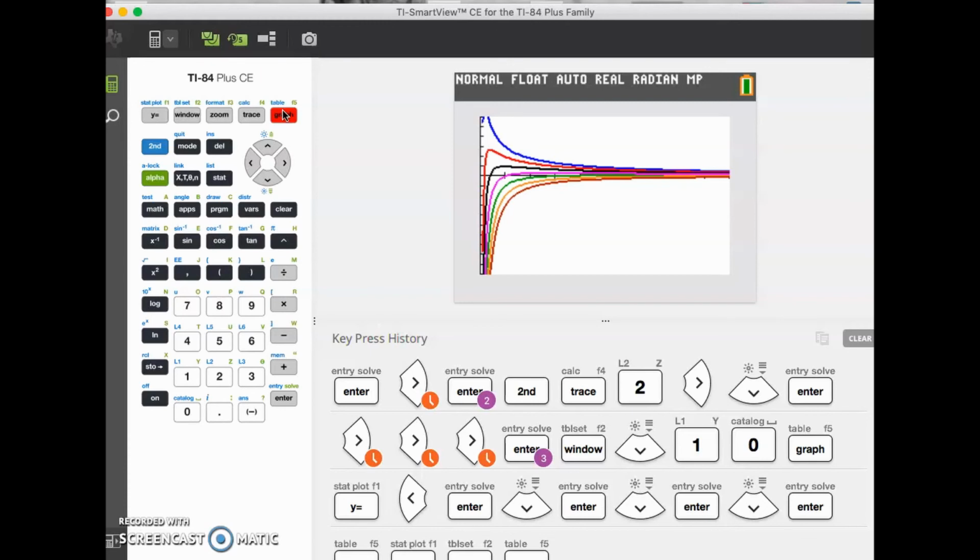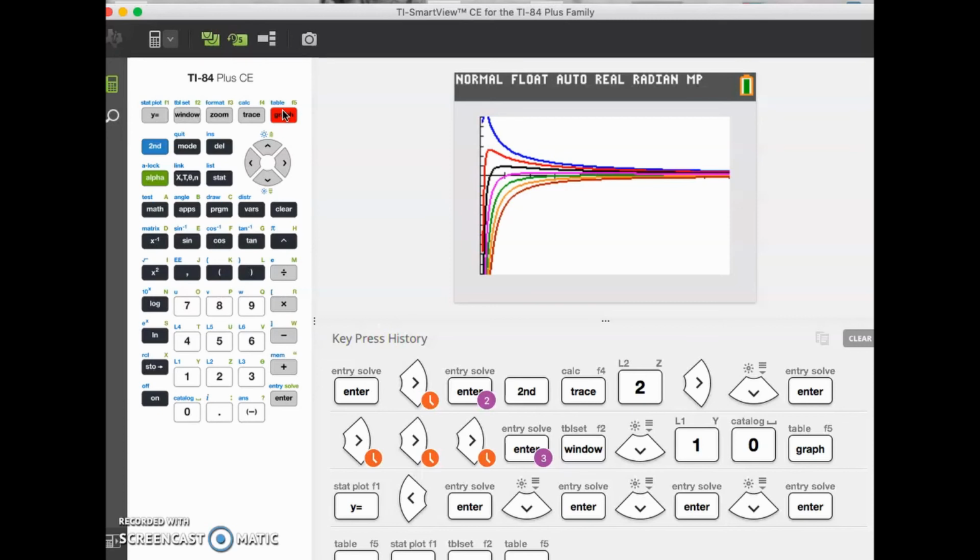Well, when is a fraction equal to 0? A fraction is equal to 0 when its numerator is equal to 0, right? So whatever makes my numerator 0 is going to be my x-intercept of my function. If I were to solve this, I would get that the natural log of x is equal to the opposite of c.